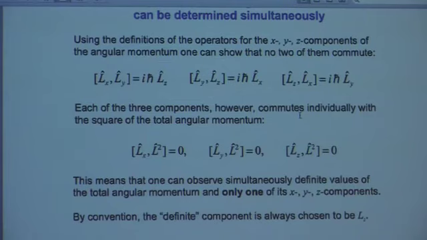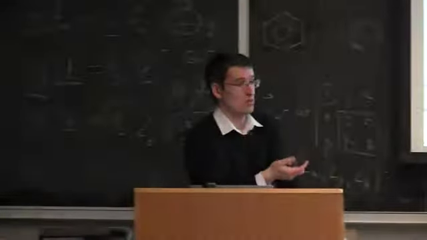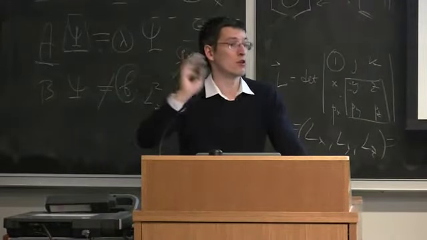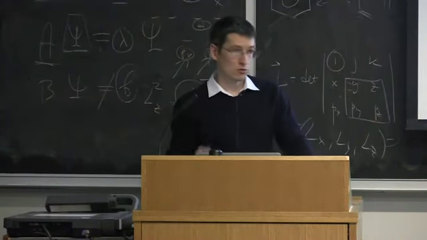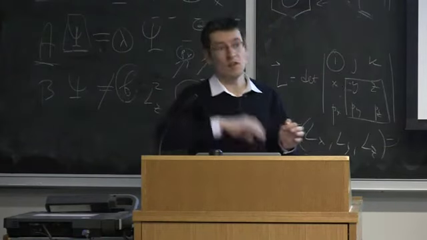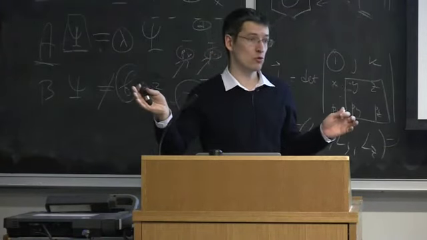But the main point is that if you commute all three pairs, they only produce the other one. Lx and Ly produce Lz, Ly and Lz produce Lx, and Lz and Lx produce Ly. So they don't produce anything else. Although they don't commute, when you consider commutators, they only produce themselves, not other operators, because things could get crazy in general. If you take two arbitrary operators, they will produce a third operator when you commute them.